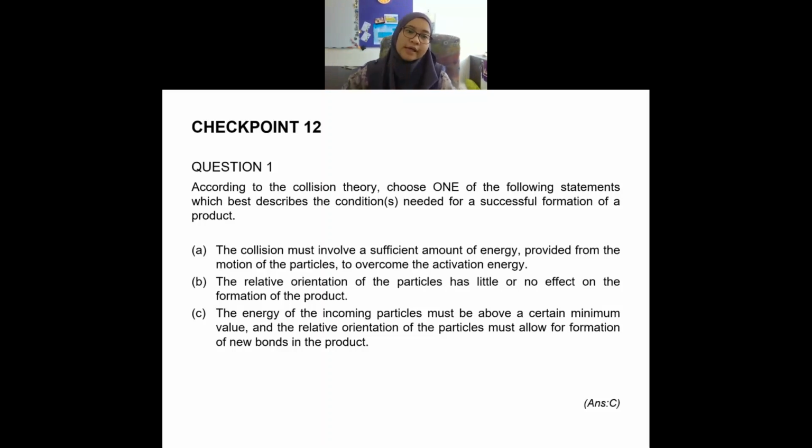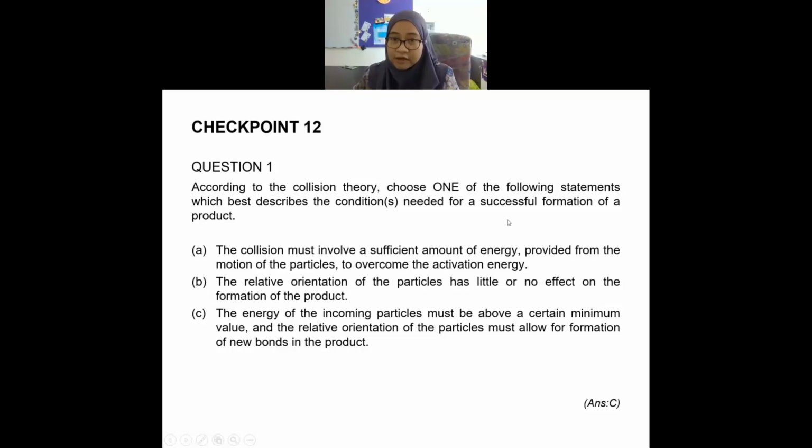All right, so A. The collision must involve a sufficient amount of energy provided from the motion of the particle to overcome the activation energy. So this statement is correct, but it's not complete.